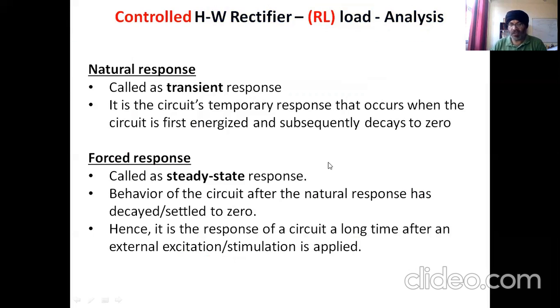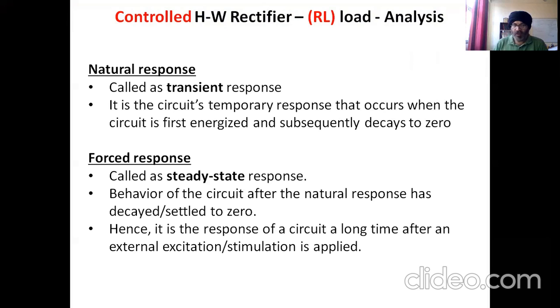It takes time to respond to the particular stimulus. The stimulus is the input Vm sin omega t, or excitation. We can also call it excitation because we are exciting the circuit by applying Vm sin omega t, or providing a stimulus to it.